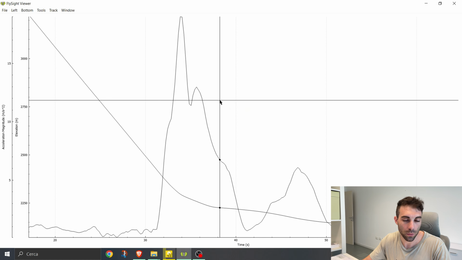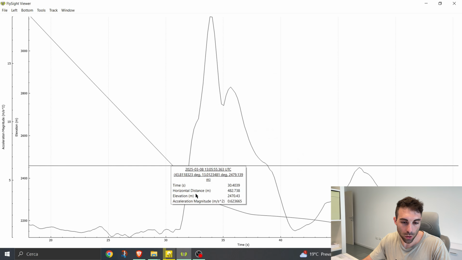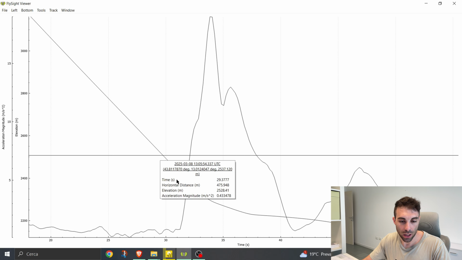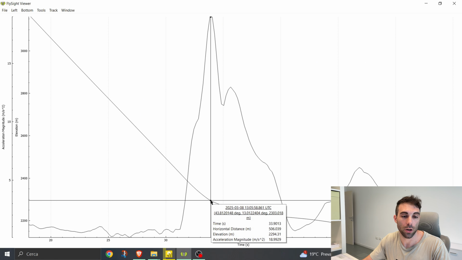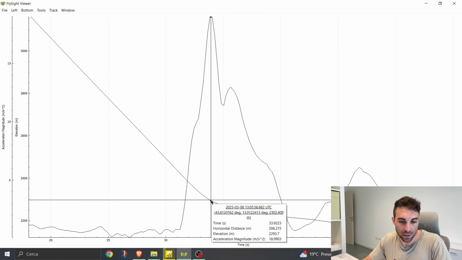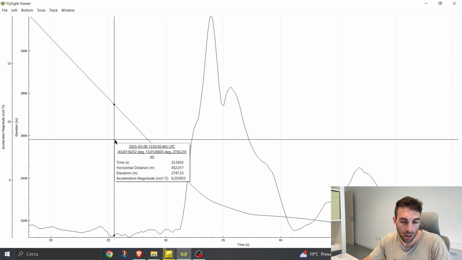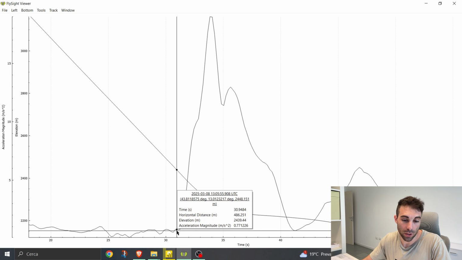Okay, zoom in a little, and when you have the change in the slope, that's the moment when you open the parachute. The change in the slope of the altitude, I'm sorry. So what we can see now is that before opening, we had acceleration close to 0. In fact, that means almost 1 g.